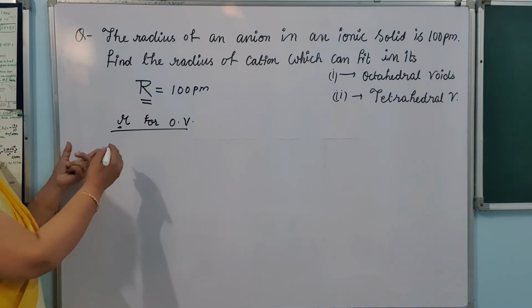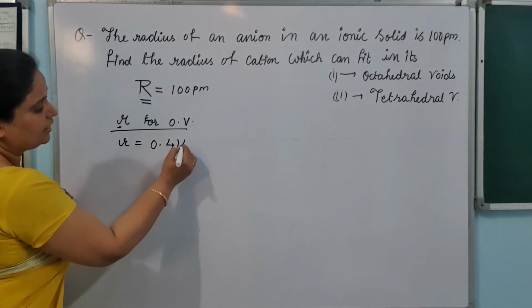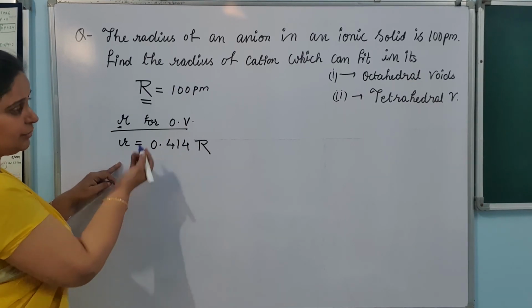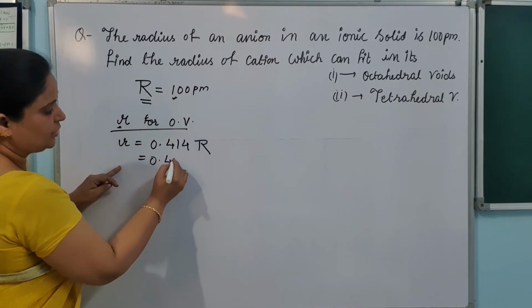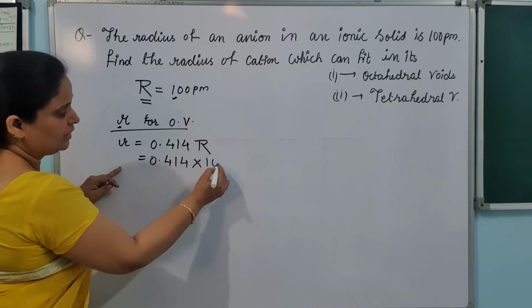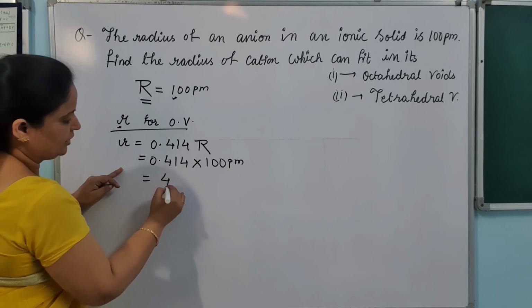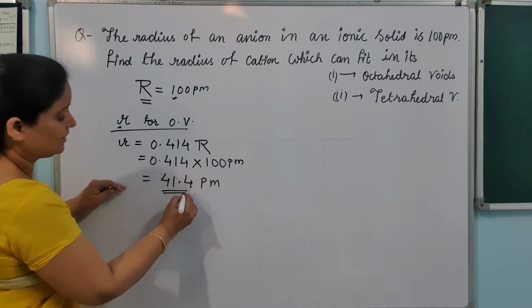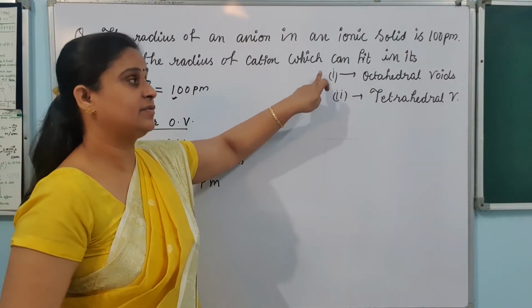We know that small r equals 0.414 R. This is the radius ratio. The radius given is 100 picometer, so 0.414 into 100 is 41.4 picometer, the radius of the atom which can fit into the octahedral void.